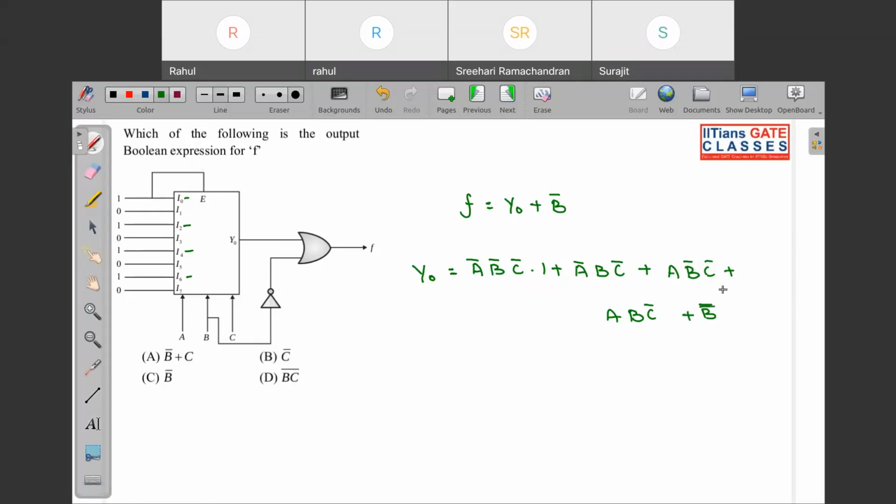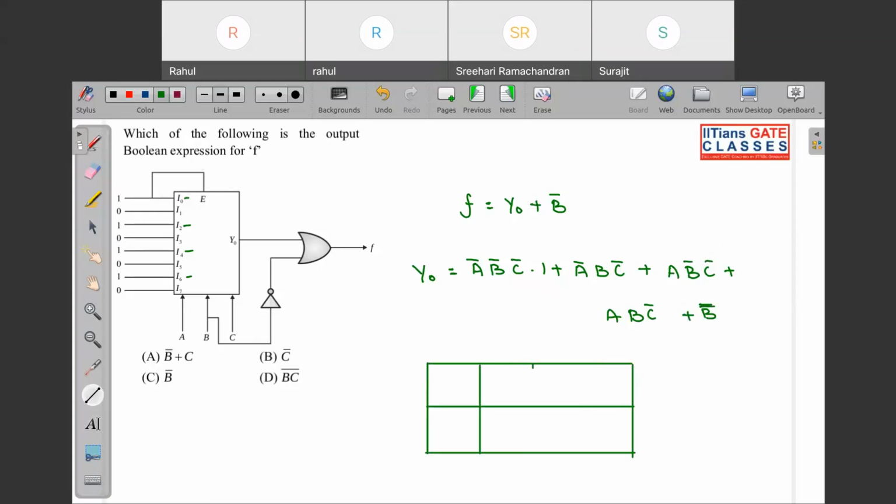Now, what we can do, let us rearrange this, or you can even draw the K map. It is up to you, whatever you want to do. Even directly without writing this, you could have made the K map and solved the question.